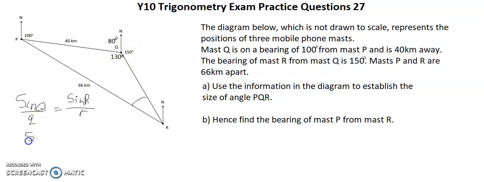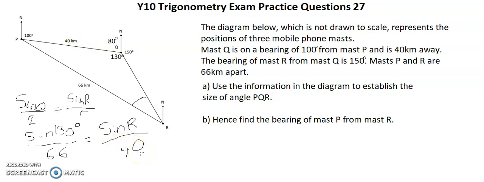So that means I've got sine 130 degrees divided by Q, which is opposite of that length, which is 66. And I know that is equal to my sine R that I don't know, over the length of R, which is 40.